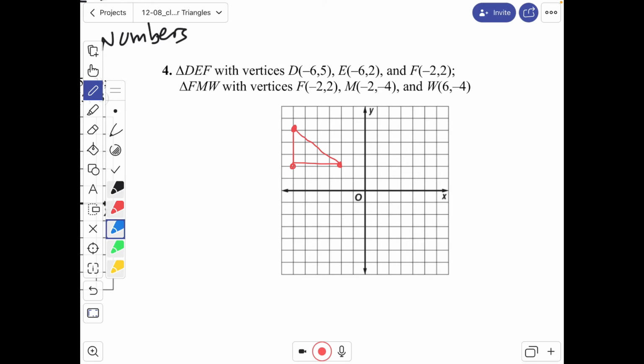The second triangle is -2, 2, -2, -4, and then 6, -4.